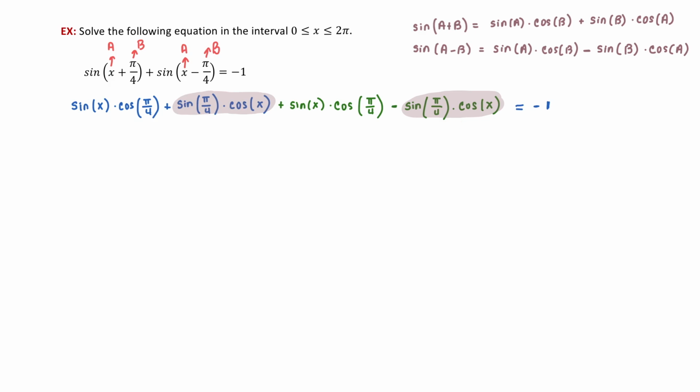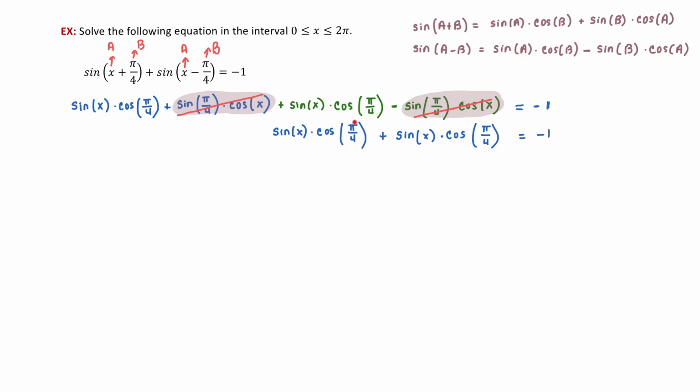That really means that I can cancel those two terms. So now the leftover will be considerably simpler. It is going to be sine x times cosine pi over 4, plus sine x times cosine of pi over 4 equals -1.